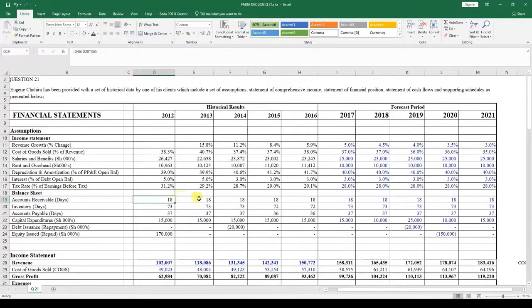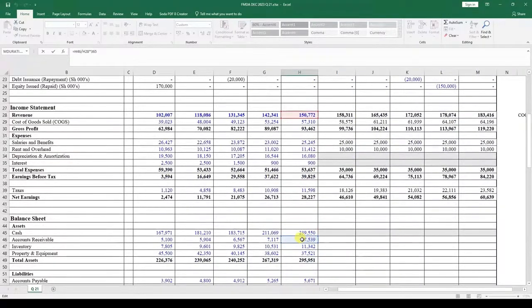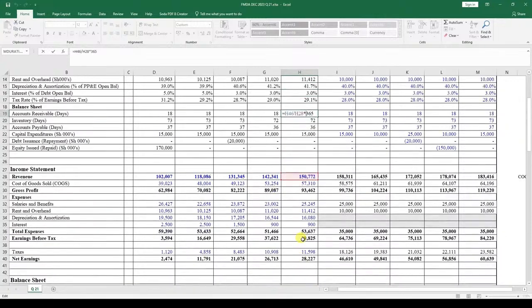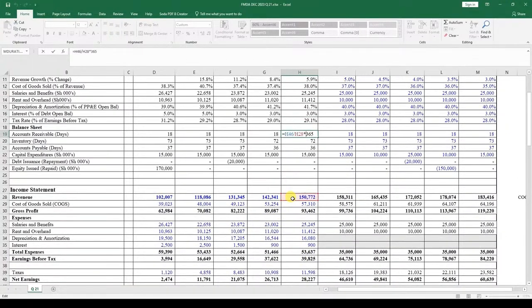We can get this from these black formulas over here. If you double click, you can see it is the accounts receivable divided by the revenue, and then multiplied by 365 to enable us to get the days.